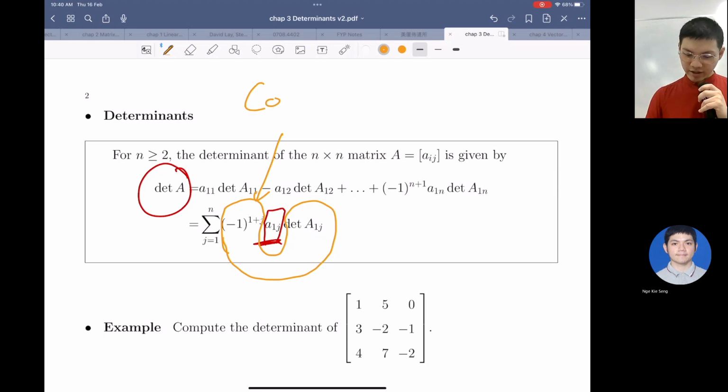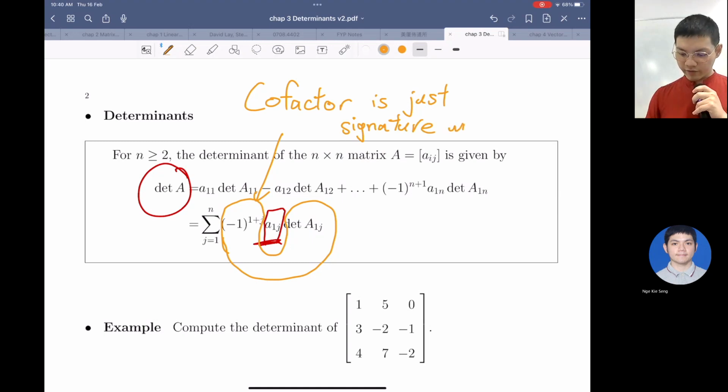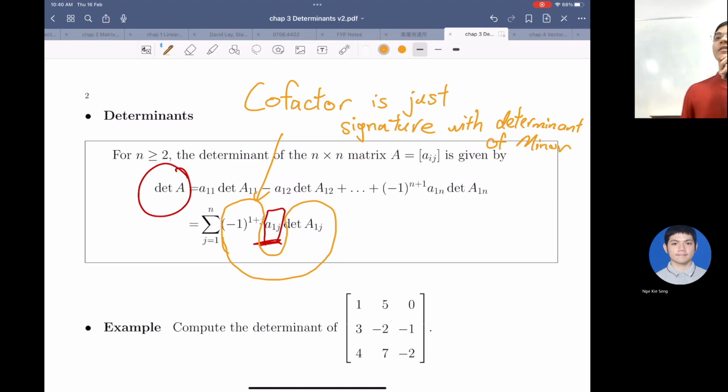Okay, so let us learn a lesson here. So cofactor is just, I call it signature, that part. Okay, the signature plus or minus signature with determinant of minor. Okay. So let's try again.